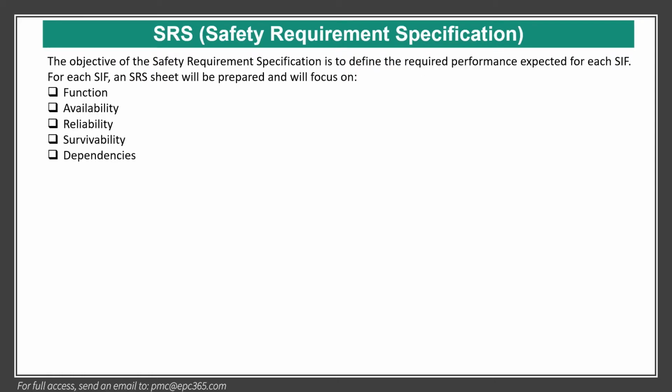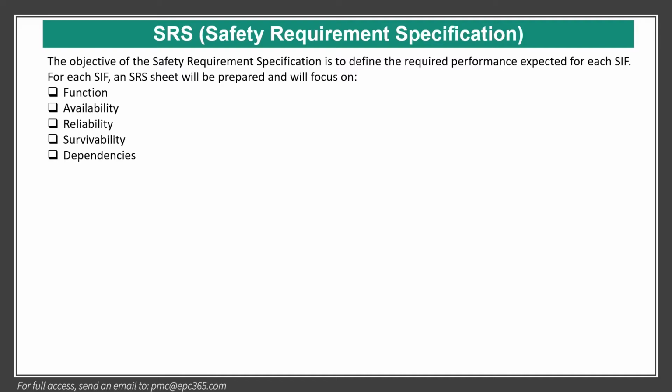So now we discuss SRS, which is the safety requirement specification. The objective of SRS is to define the performance requirement expected for each SIF. You remember the SIF at the end of this e-course, there is a SIL allocation.